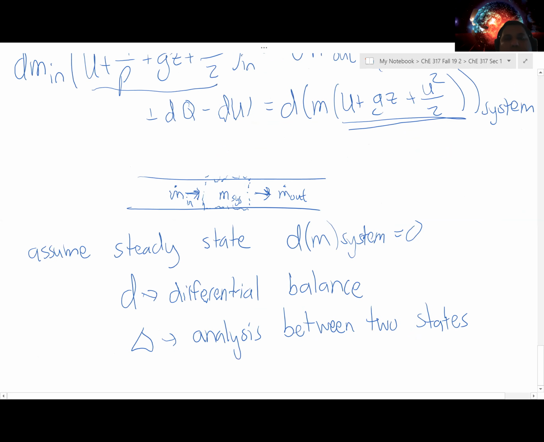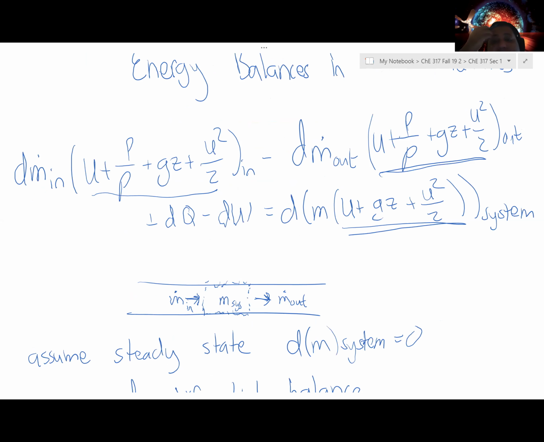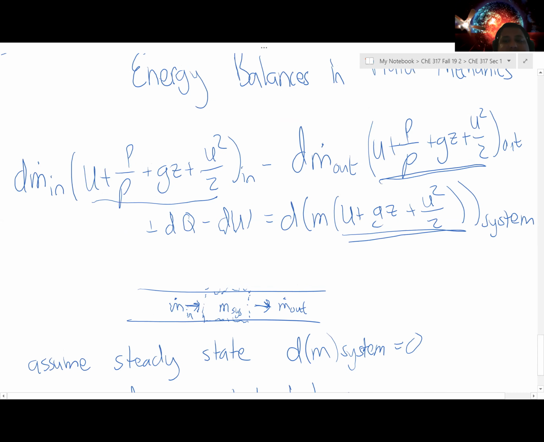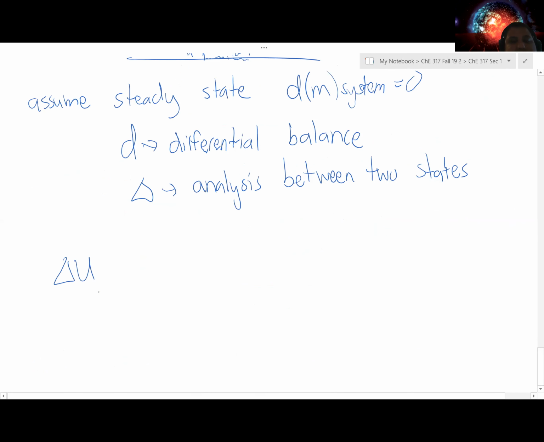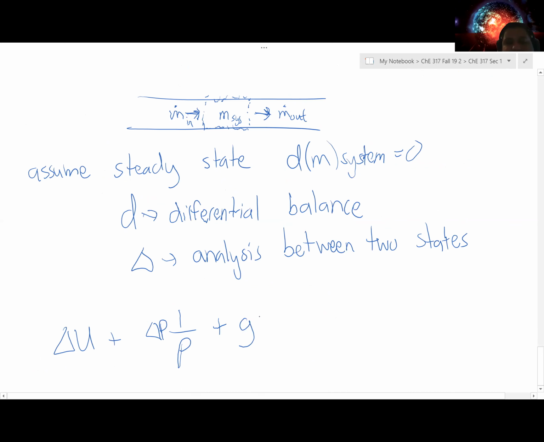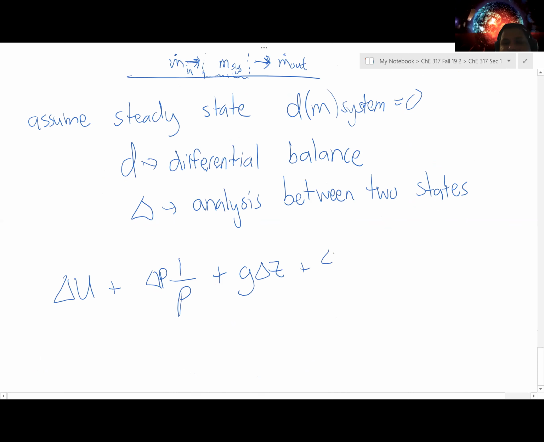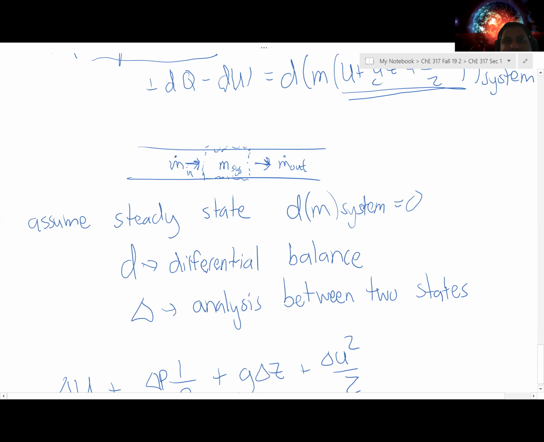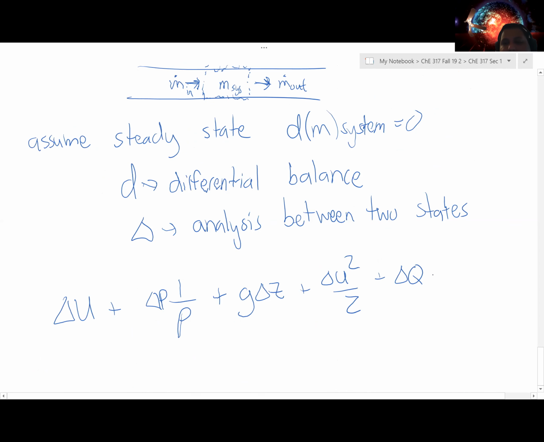So if I rewrote the expression I've developed, but instead of the differential of in minus out, I look at the deltas, what I'm left with is delta U plus delta P over rho, plus g times delta z, because gravity doesn't change, plus delta u squared over 2, plus delta Q, plus delta W equals 0.